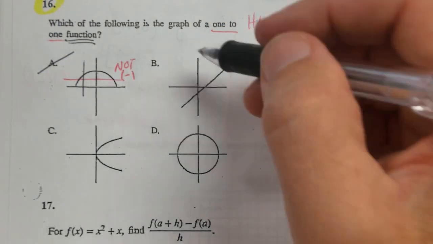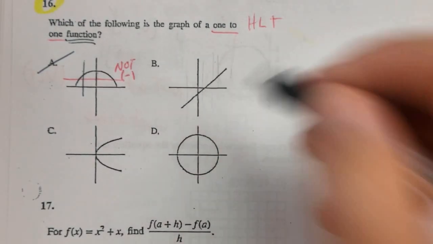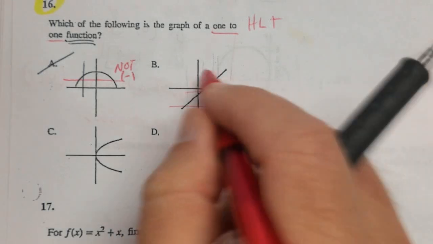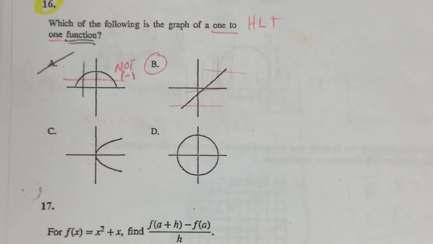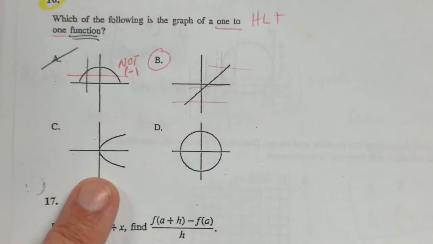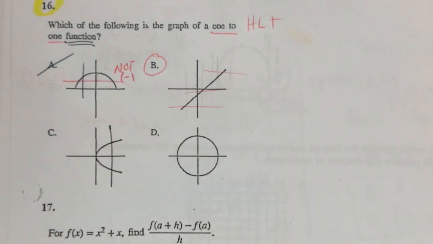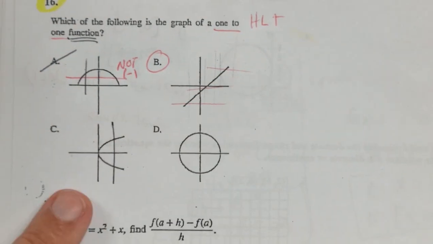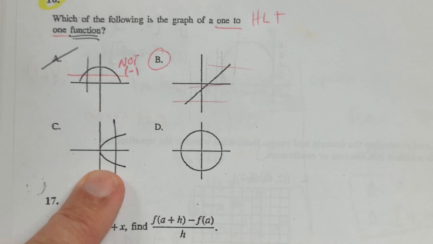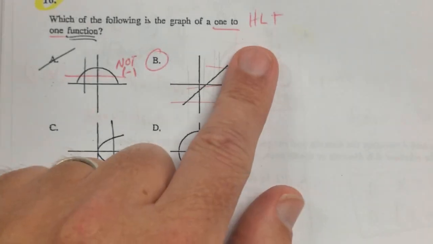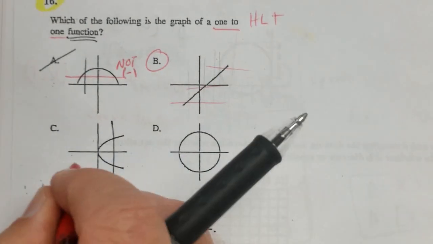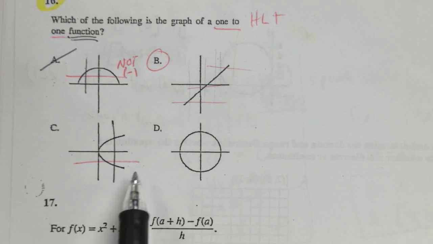How about graph B? Is it a function? Yep. Is it one-to-one? I think so. Let's check the others. Is C a function? No, it's not even a function. Be careful, though, because if you skip ahead and just say, oh, I'm just going to check the horizontal line test, that's a little bit misleading, because it has to be a function before you can think about it being one-to-one.